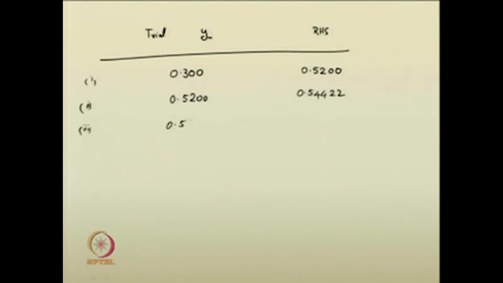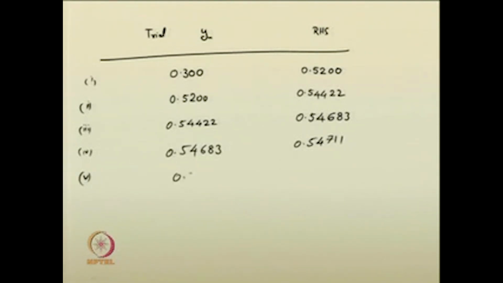In the next iteration, incorporate y n as 0.54422. You will see that it is almost reaching convergence. There is not much change between the RHS and LHS value. Next iteration, I am incorporating y n LHS as 0.54683 and the corresponding RHS term I am getting as 0.54711.